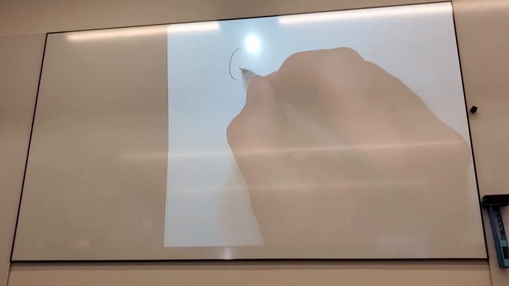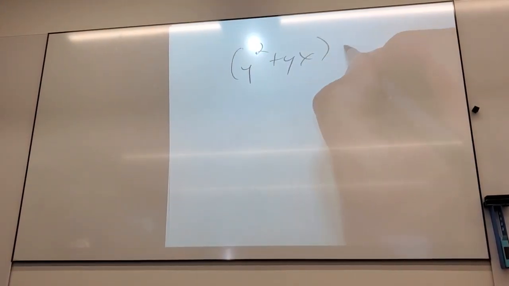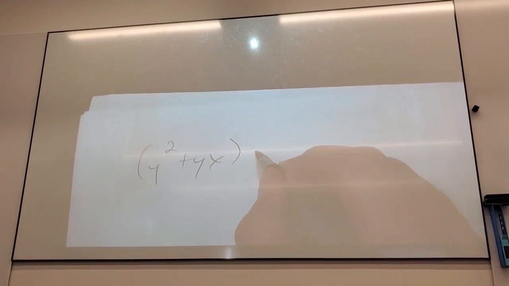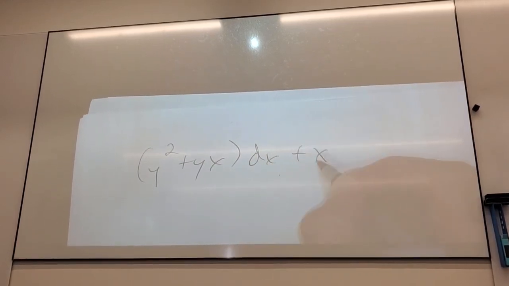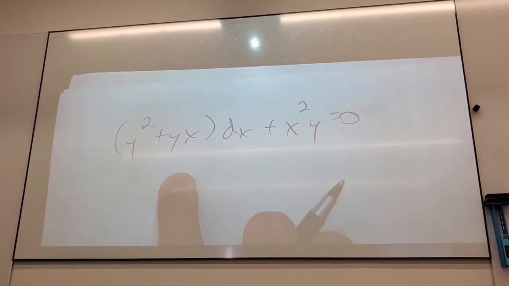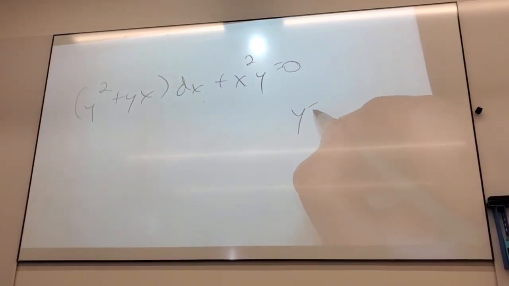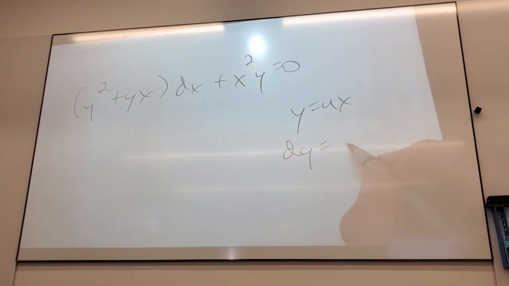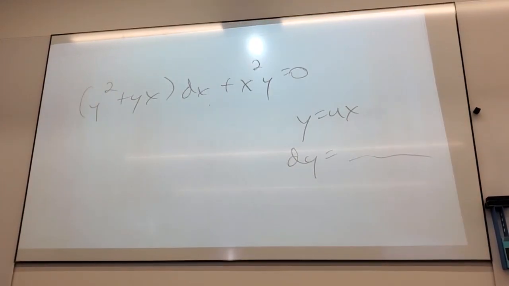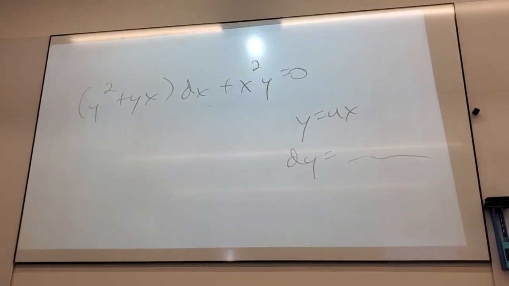Oh, it was number 6, right? Yes. If you left it like this, I can tell it's homogeneous right now. I can make this substitution, get all my dy business right, and just plug stuff in. It would still get you to the same place.